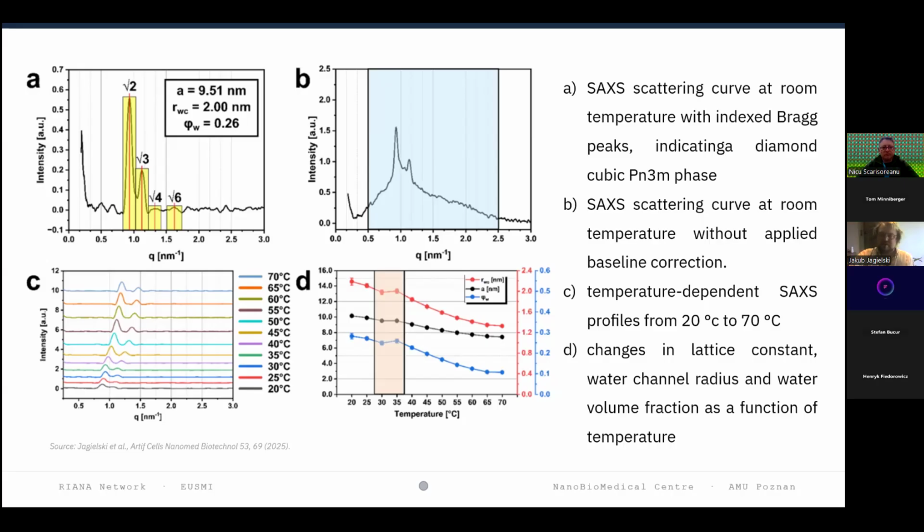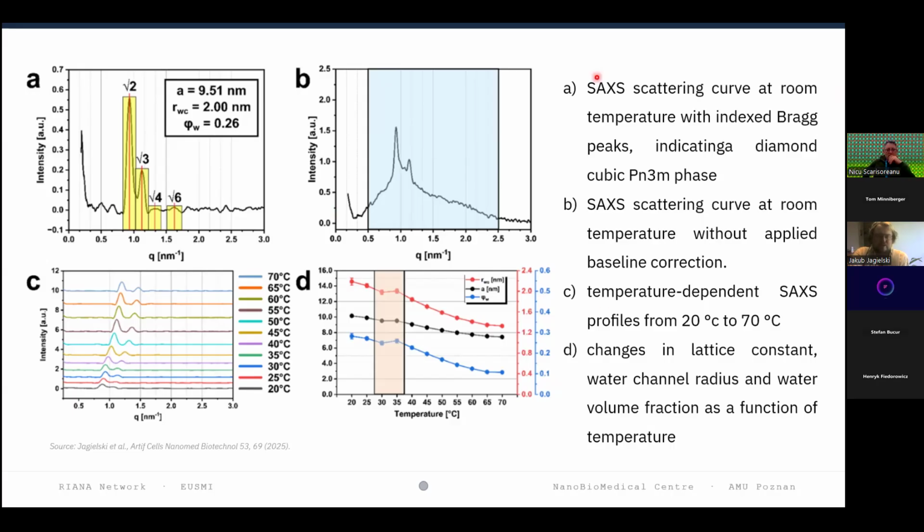So in practice, identifying a phase means measuring peak positions, computing the ratios, and then matching them against these known sequences.